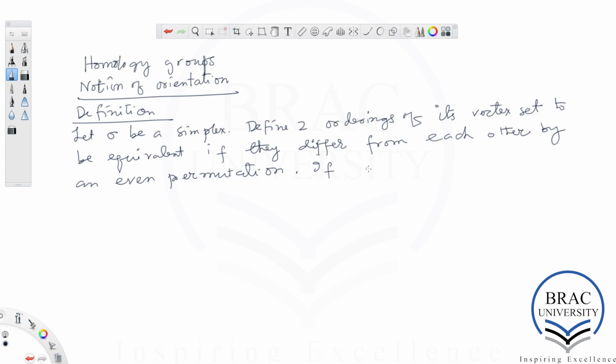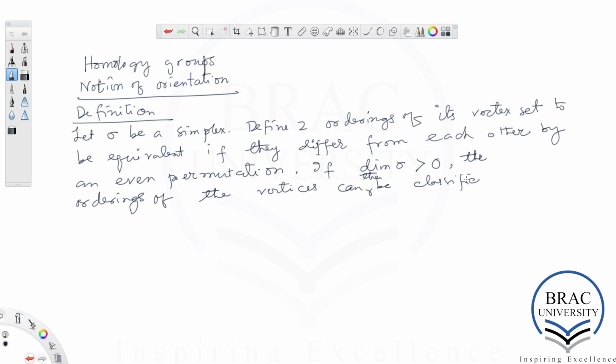If the dimension of this simplex is positive, the orderings of the vertices can then be classified in two possible ways.